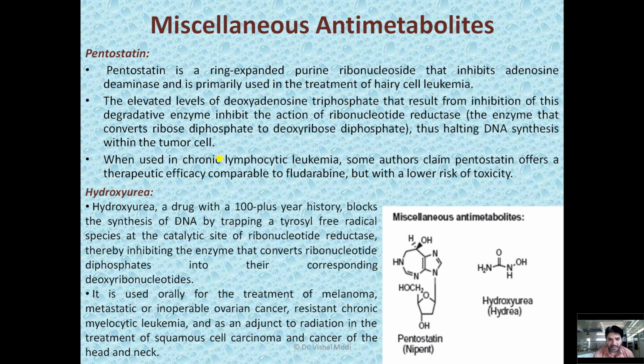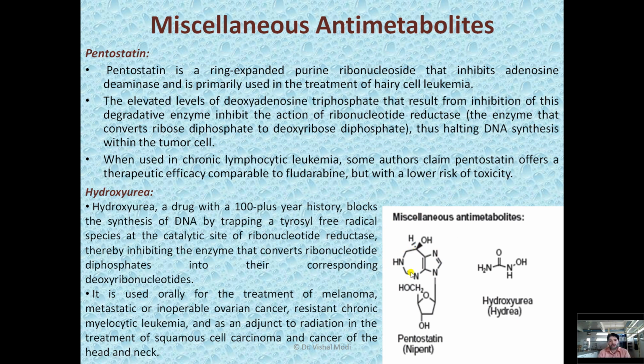Now, miscellaneous antimetabolites. In the miscellaneous antimetabolite class, there are two molecules available. Number one is pentostatin and another is hydroxyurea. Pentostatin is a ring expanded purine ribonucleoside. So, you can see here purine has a 7 atom containing ring, while pentostatin has 8 atoms in the molecule.